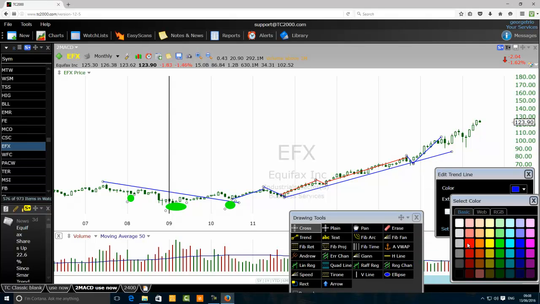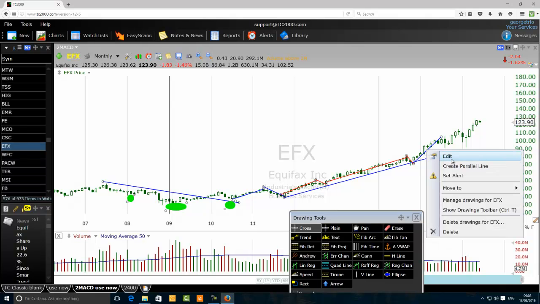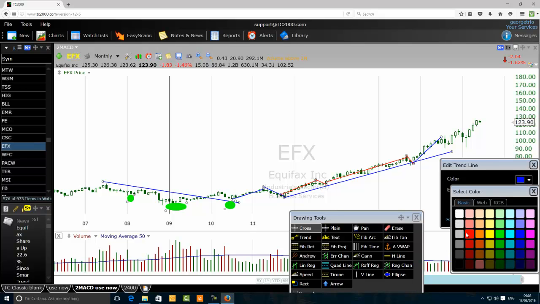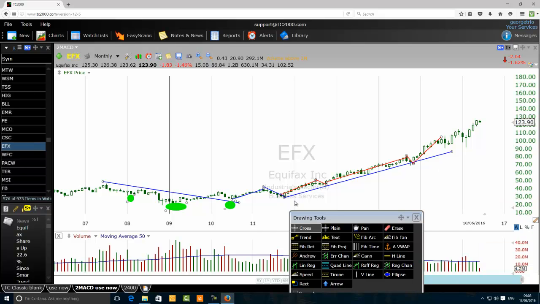Just putting color into my internal waves for the third Elliott wave. Is there any Elliott wave violation? That's it. That's my third Elliott wave from here all the way up here. Put the line here now.